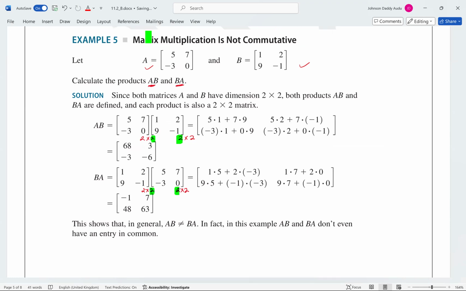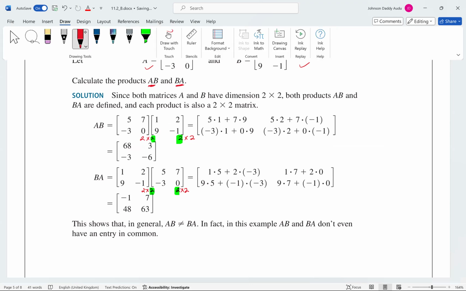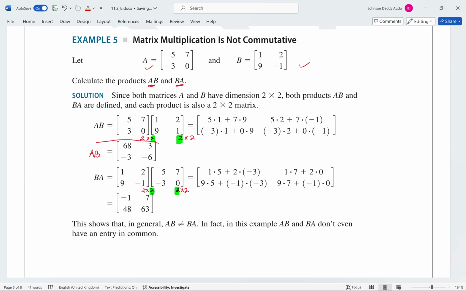But when you do the multiplication using the row-column method we did just now, you will discover that your AB is this matrix, and matrix BA is this one. You can see they are not the same. That is why we said AB is not equal to BA. In general, they are not the same.